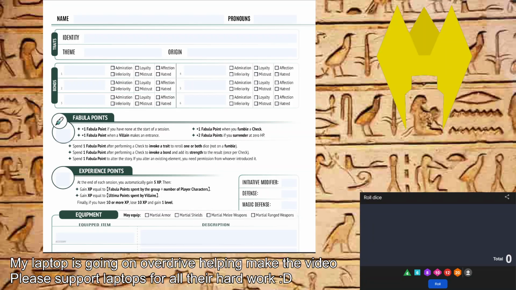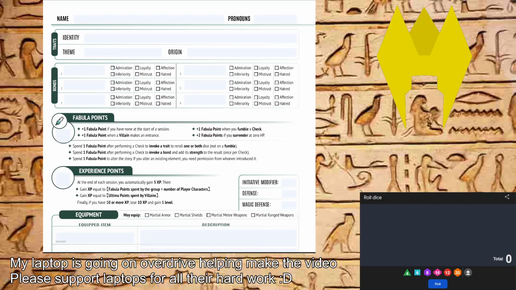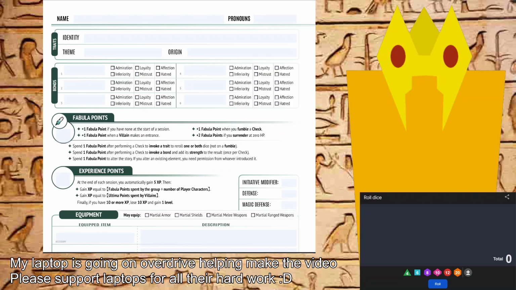There are 3 tables to choose from: your core concept, adjectives, and a detail.